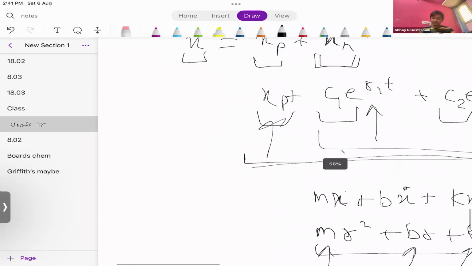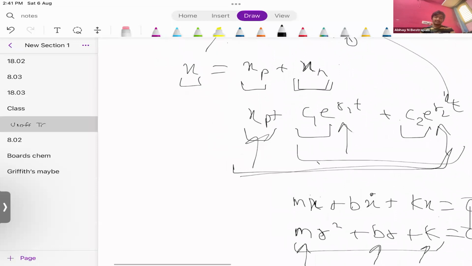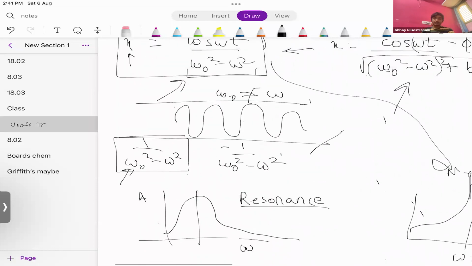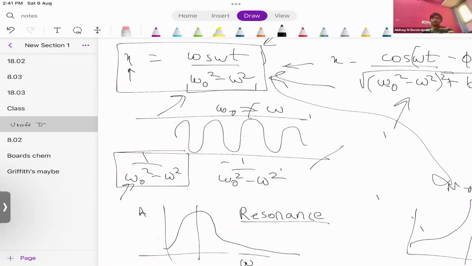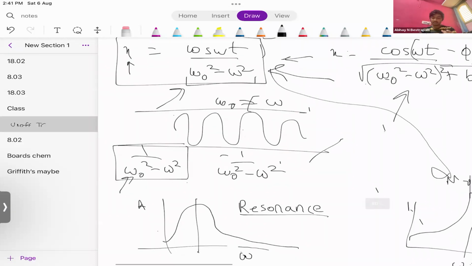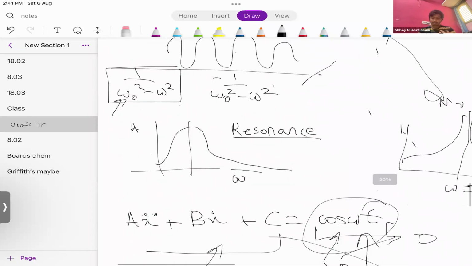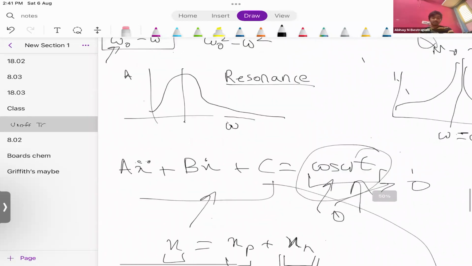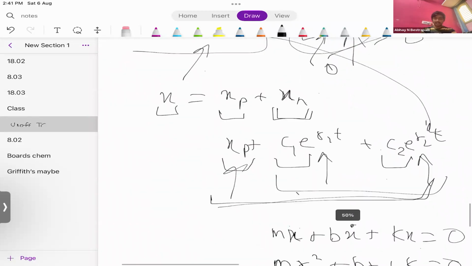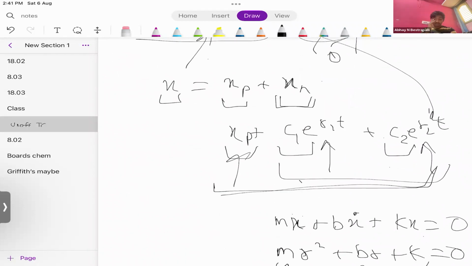So the particular solution that we found, something of this form, is what actually ends up happening for all initial conditions after a while. Wherever you start, it just ends up oscillating with frequency omega, which is what we're driving it with. The homogeneous solution just decays away after a while. It becomes insignificant.